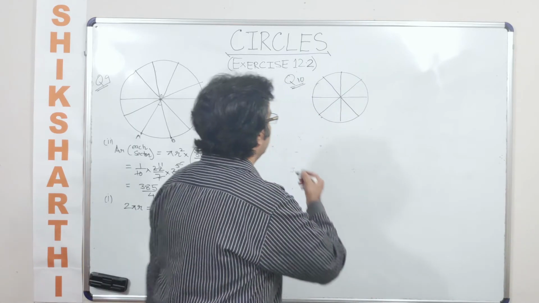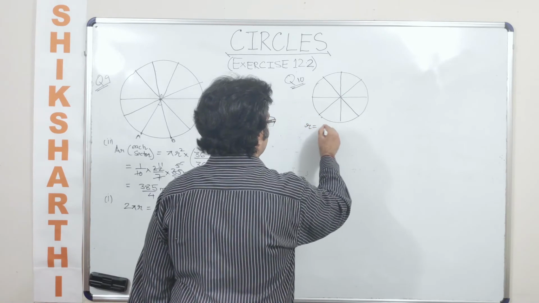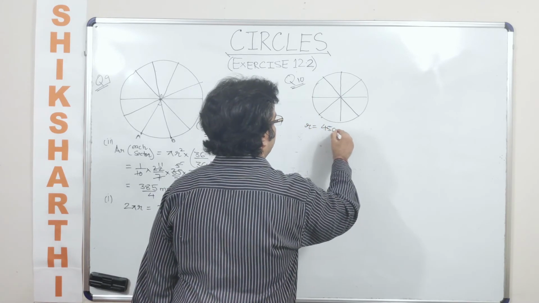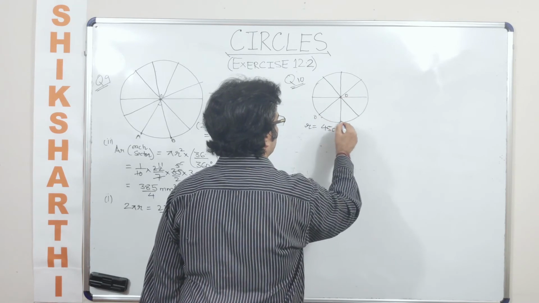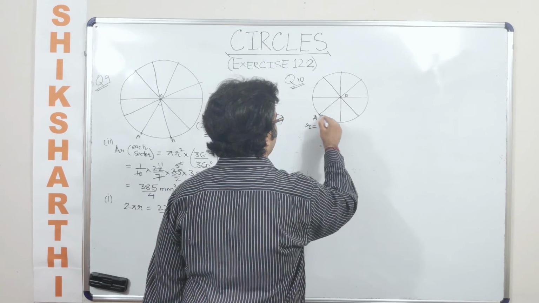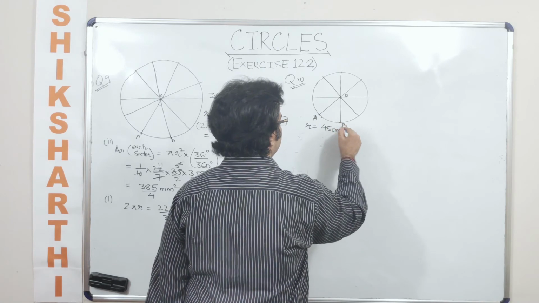Now they have given you the radius as 45 centimeters. Let me consider one of the sectors. Let's say O, this is point A, and this is point B.